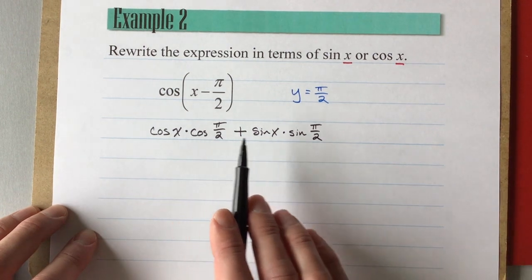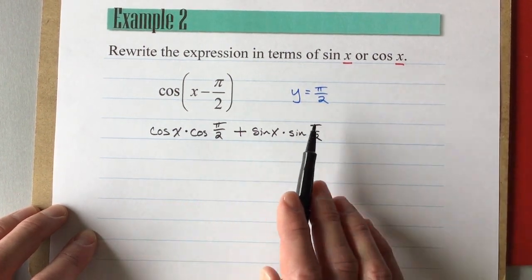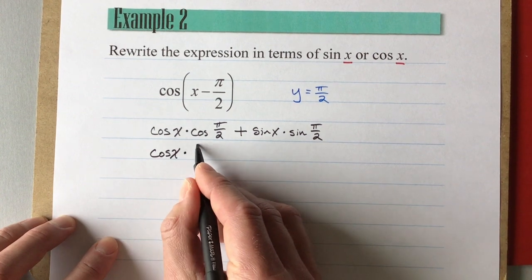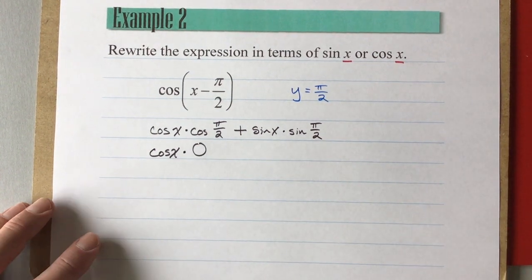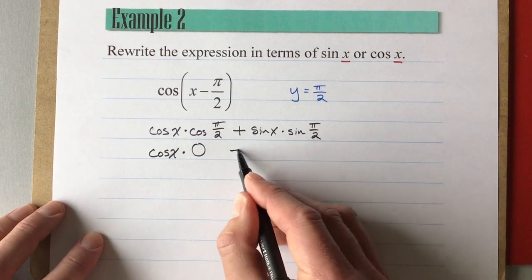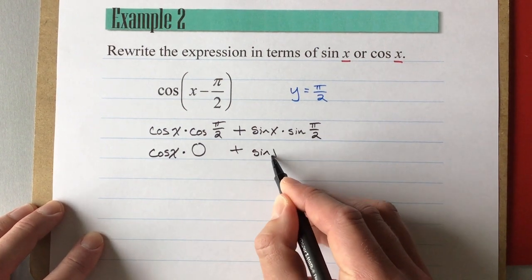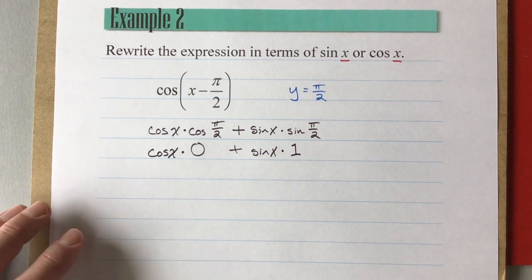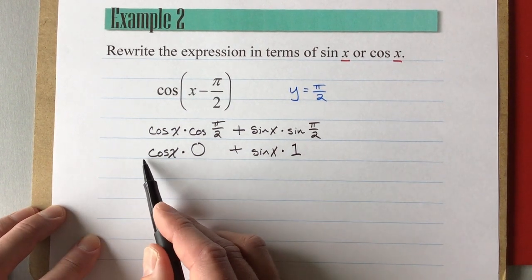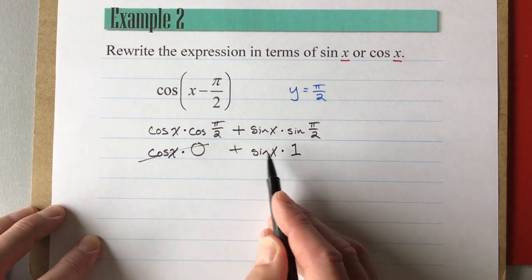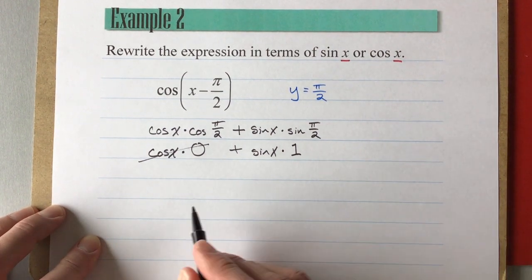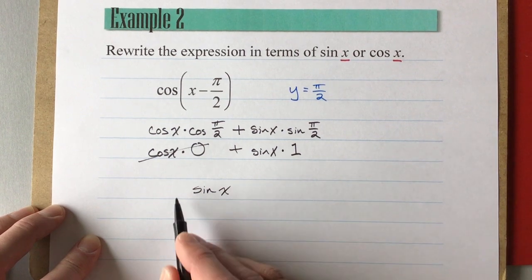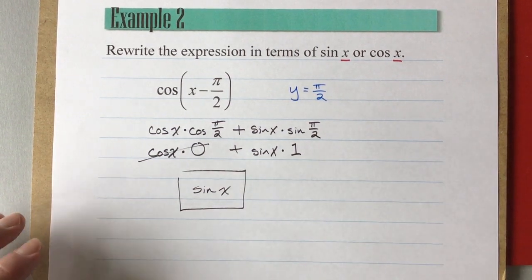Now I'm going to evaluate the two expressions here that I can. This would become the cosine of x times 0, because pi over 2 has a cosine of 0, plus the sine of x times positive 1, because the sine of pi over 2 is 1. Anything multiplied by 0 is 0, and anything multiplied by 1 stays the same, showing that this expression can be rewritten as the sine of x.